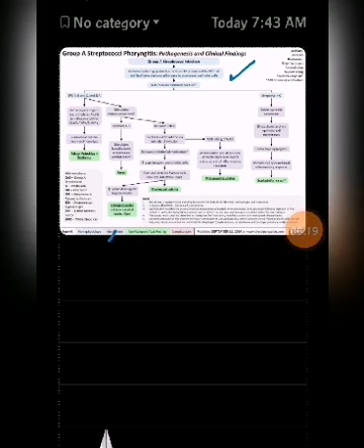Now these bacteria release exotoxins, like streptolysin, SPE B and C, and SSA.